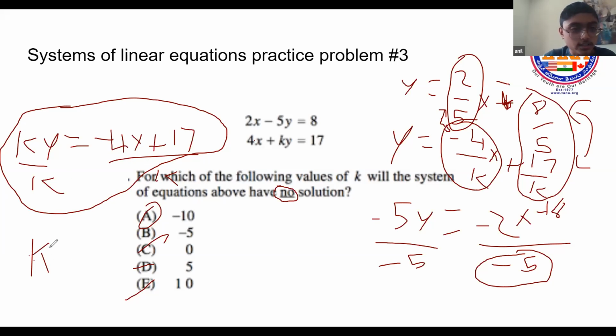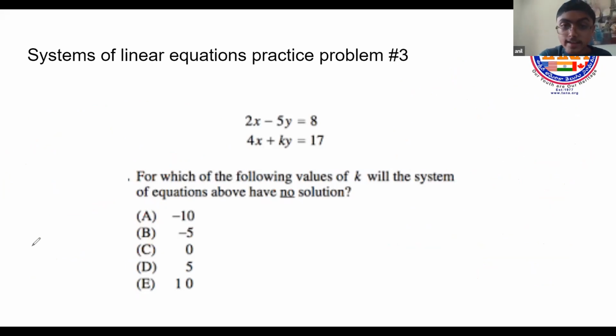It's glitching out. All right, I'll try this. So 4x plus ky equals 17. You have that equation, right?